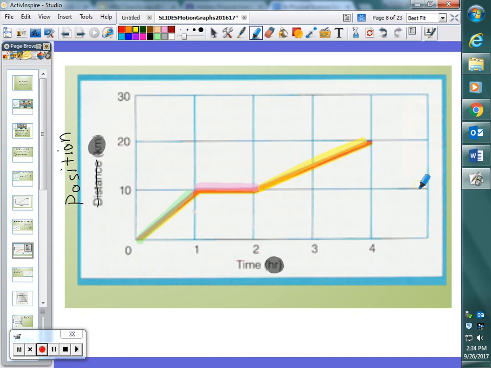I would give you that. What else? They did move the same distance. I would give you that too, but that wasn't what I was thinking of. They're both moving with constant velocity. Any one of those 3 would be a good compare. So, how do we know they're both moving in the same direction?